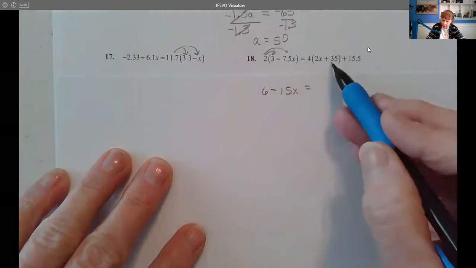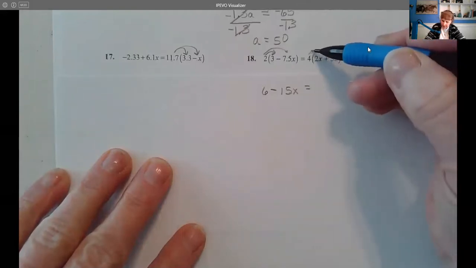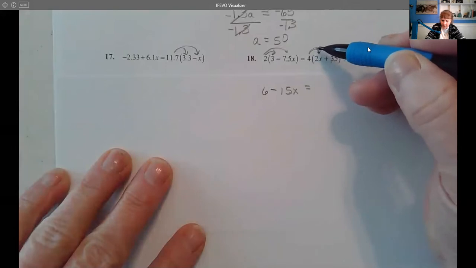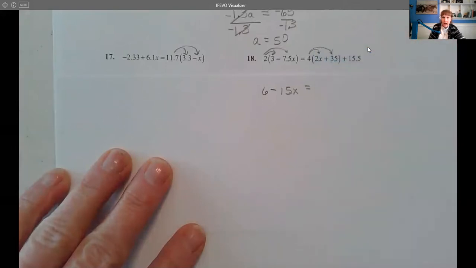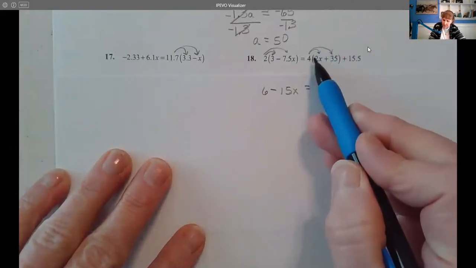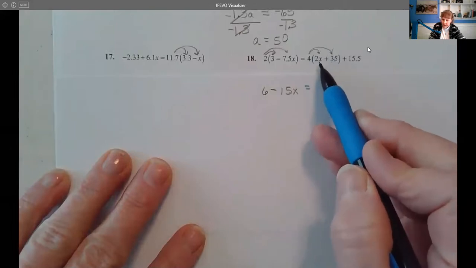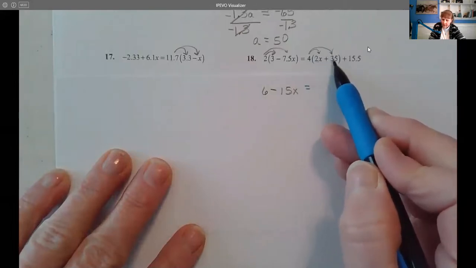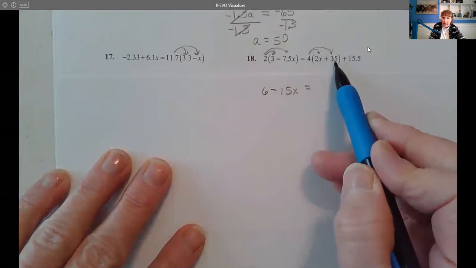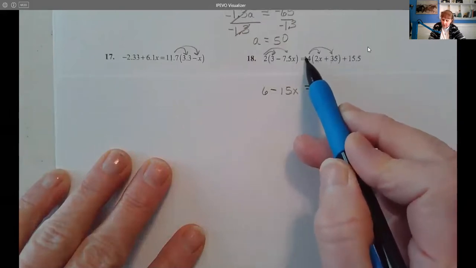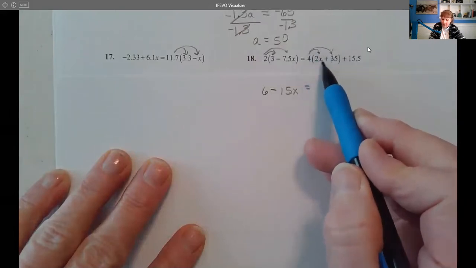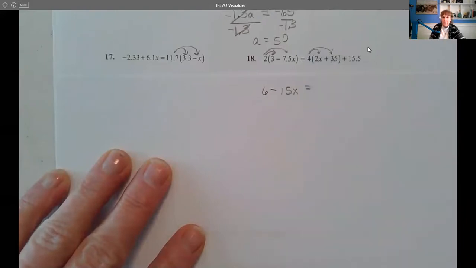Okay, over here, you have to use the distributive property first. There's a couple of things we're going to have to do on this side, but the first thing is we multiply through, because remember, you can't add those together because the 35 doesn't have an x. So we're just going to have to use the distributive property because you cannot combine those.